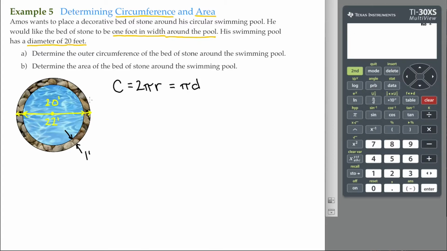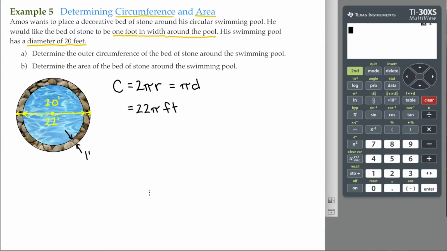So if we want to know what the circumference is all the way around the outside edge of our stone here, then I have a diameter of 22 feet times pi. Now this is an exact answer. 22 pi is an exact answer. 22 pi feet.